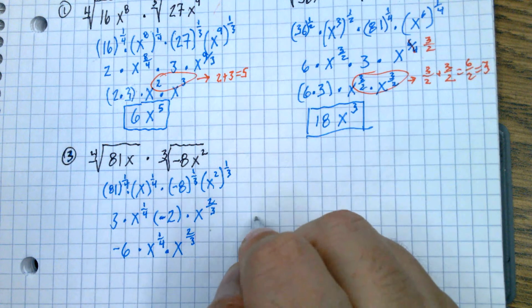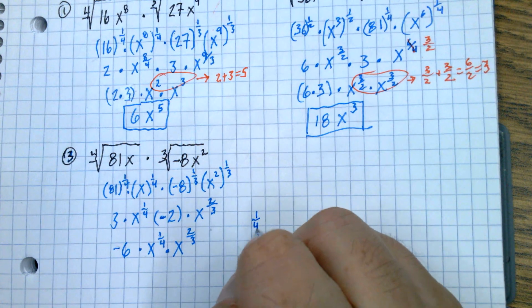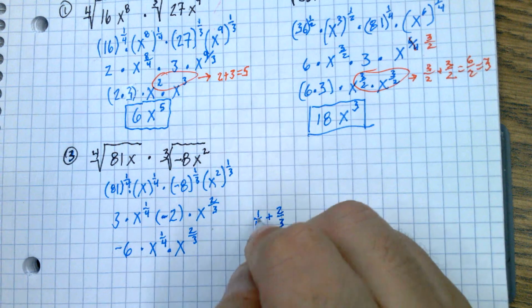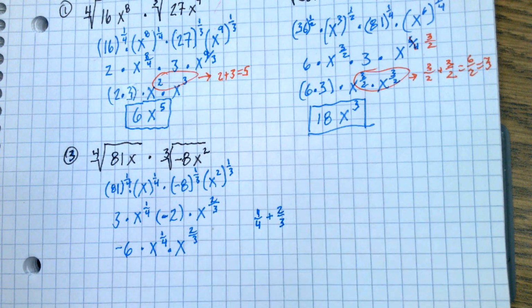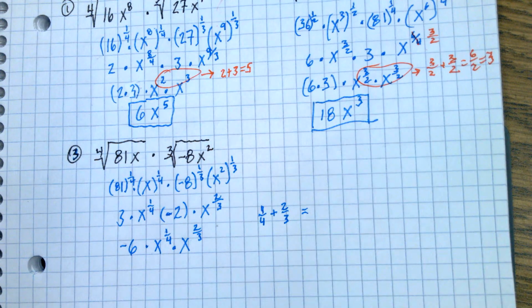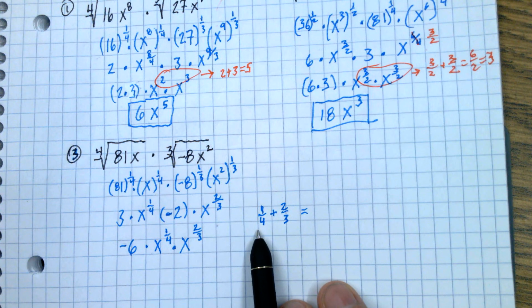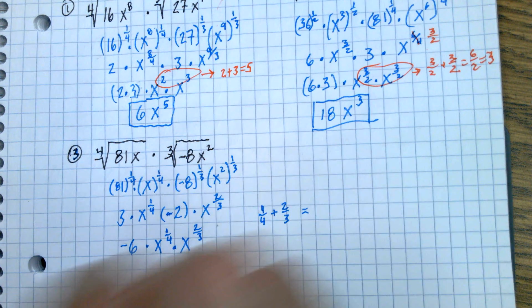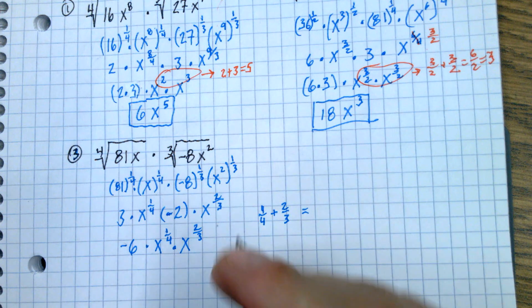Here we have to do 1/4 plus 2/3. So we have to figure out our common denominator. We've done this before, last year, right? So what would be the common denominator, the least common multiple for 4 and 3? 12.